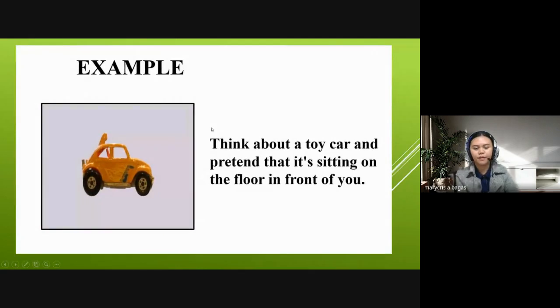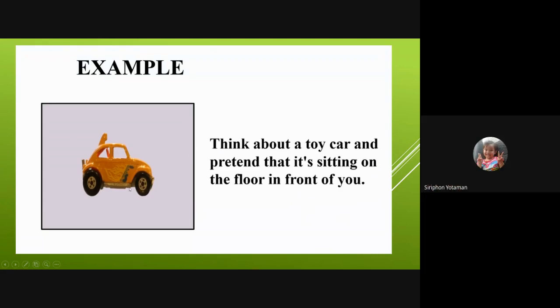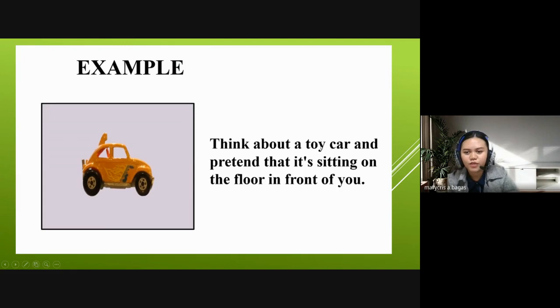Example: we have here a toy car. Think about a toy car and pretend that it's sitting on the floor in front of you. What will you do to move the toy car?